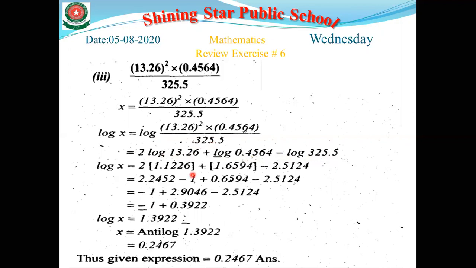Now take the log 13.26, it becomes 1.1226, and here is 1bar.6594, and here is 2.5124. Now 2 multiply this number 2.2452, and 1 bar means minus 1 plus 0.6594, and this is minus 2.5124.